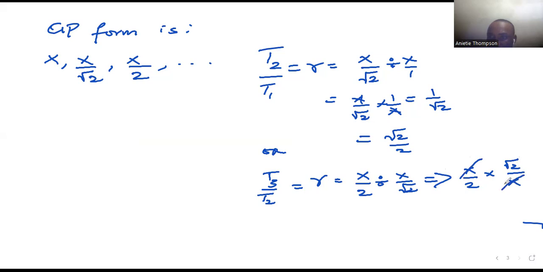Of course, this cancels this, and that gives us square root of 2 all over 2, just like what we got before. So the common ratio is the same. So of course, we can conclude that this result that we obtain is a geometric progression.